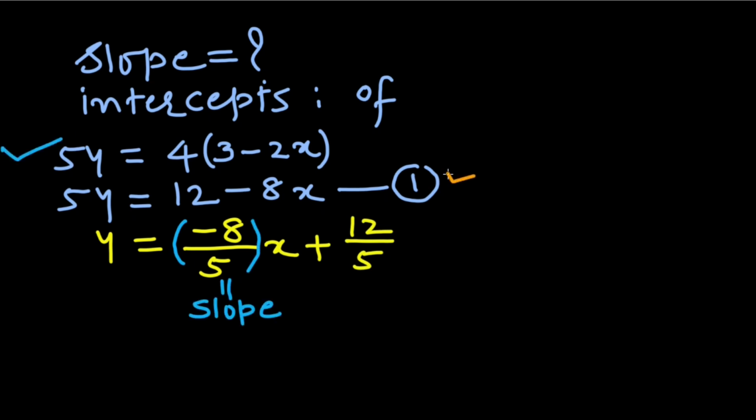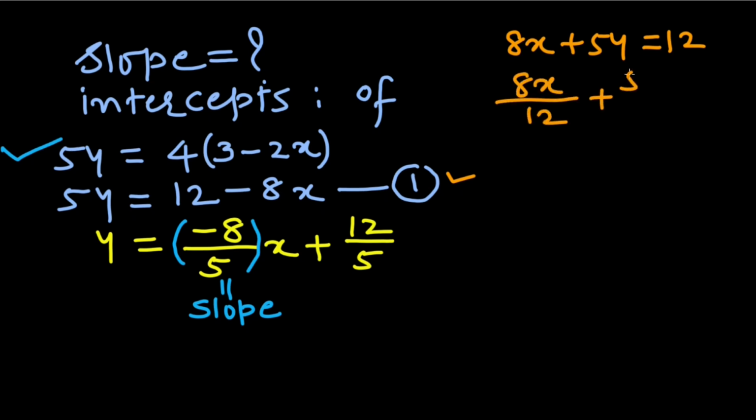From equation 1, we can write 8x plus 5y equals 12. In order to bring 1 on the right hand side, we will divide throughout by 12. So we write 8x by 12 plus 5y by 12 equals 12 by 12, which is 1. 4 2s are 8, 4 3s are 12.